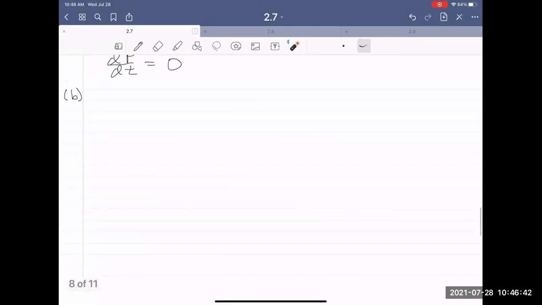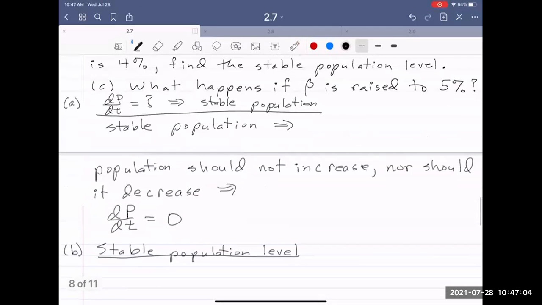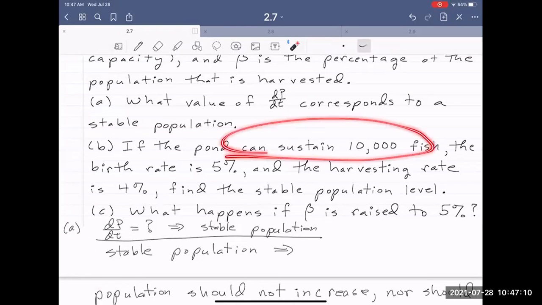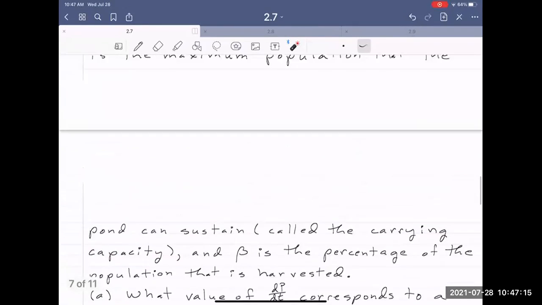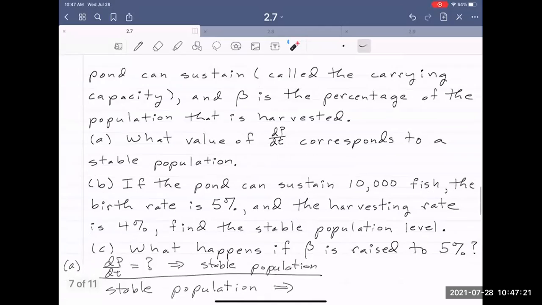Okay, so let's figure out the stable population level, given the following facts. So we're given that we want to sustain 10,000 fish, meaning that we want a carrying capacity of 10,000 fish. So I want my carrying capacity to be 10,000.